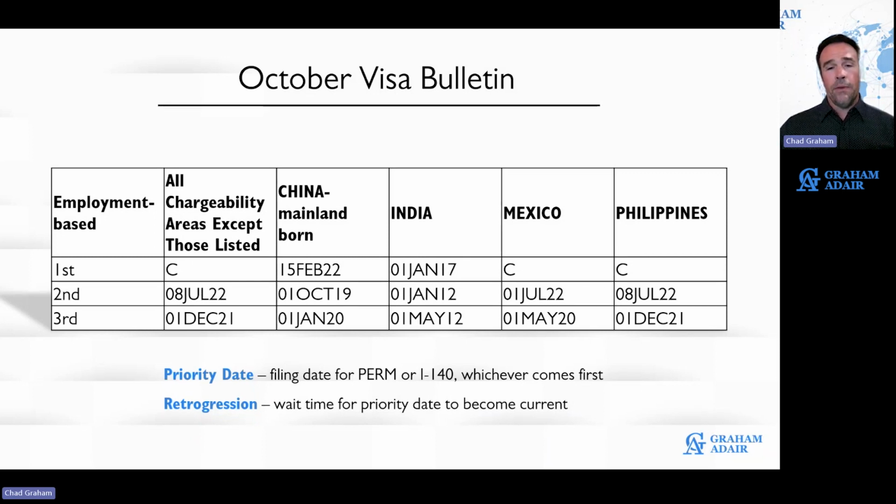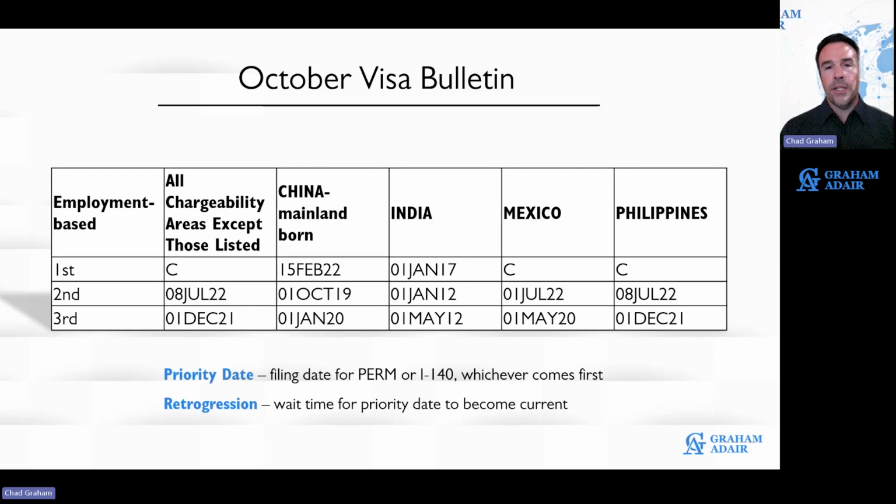For example, if you're somebody that filed 5 years ago, and you're in the second preference category for China, then you're eligible now to apply for a green card. But if it was 3 years ago, then, according to this visa bulletin, you may still have a year to wait before you have a current visa number.